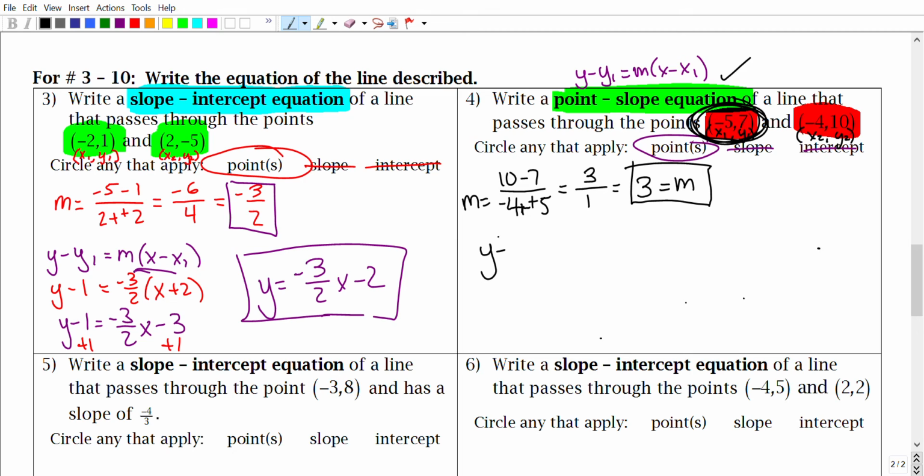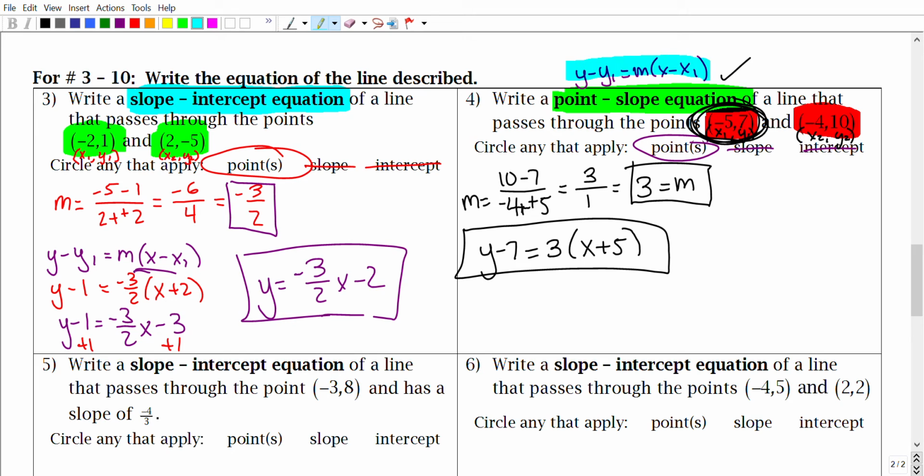So y minus 7 equals my slope, which is 3, x minus a -5, which becomes a positive, and that is it. I have to go no further. That is it. I wanted something that was in this form up here, and that is exactly what I have down here.